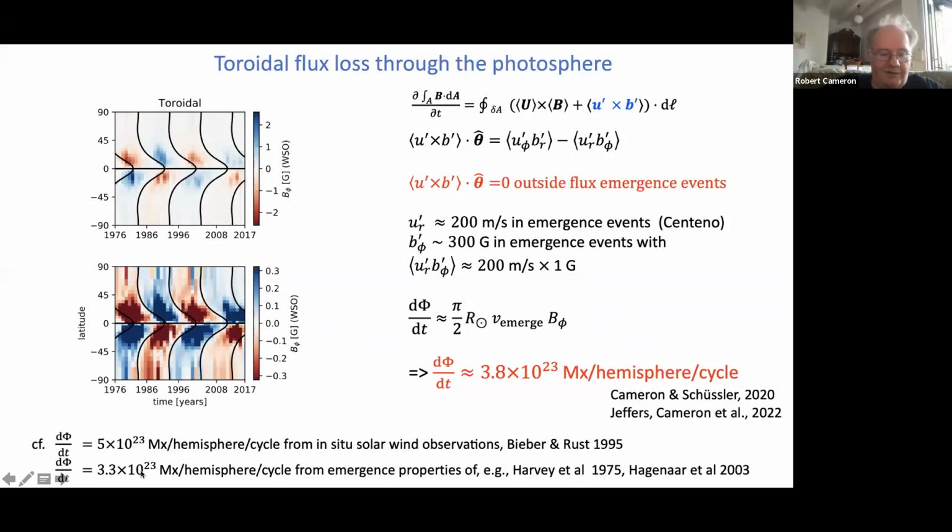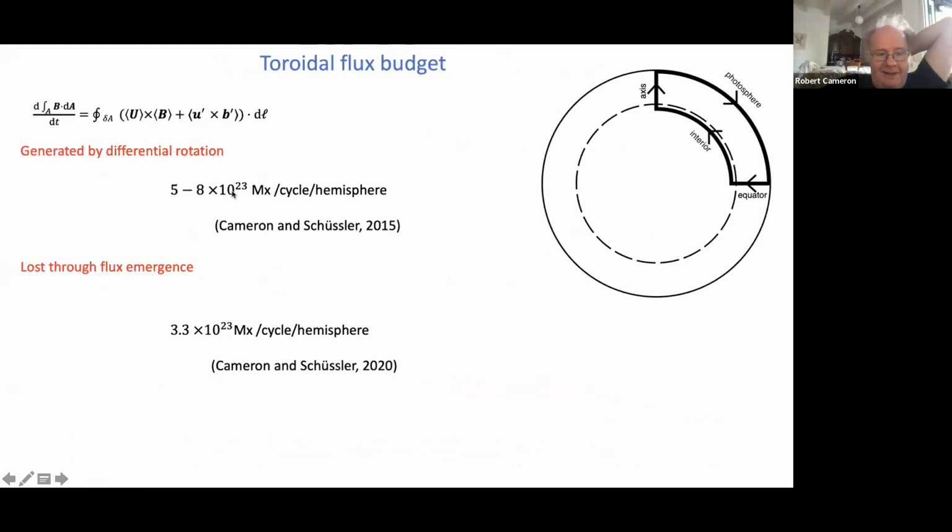And you get about 3.3 times 10 to 23 Maxwells per cycle per hemisphere. So all these numbers are roughly consistent. Multiple ways of measuring it give about the same answer, which is about the same as we get generated by the differential rotation of the field lines passing through the solar surface. That generates a similar amount, a little bit more than we lose through the surface during flux emergence.